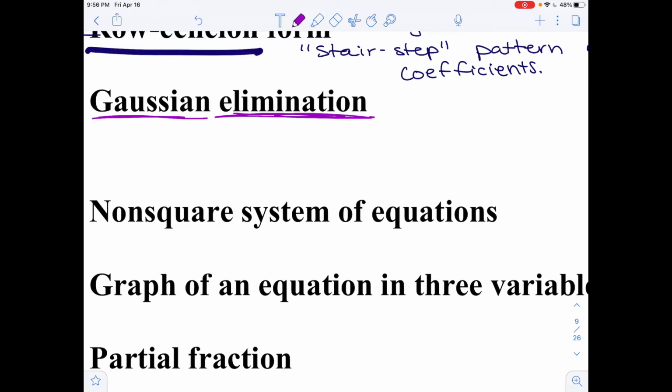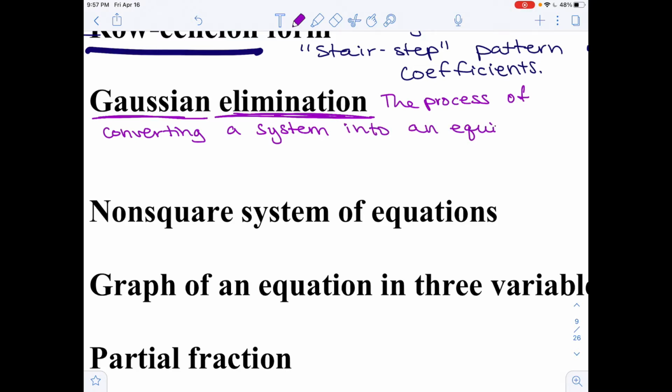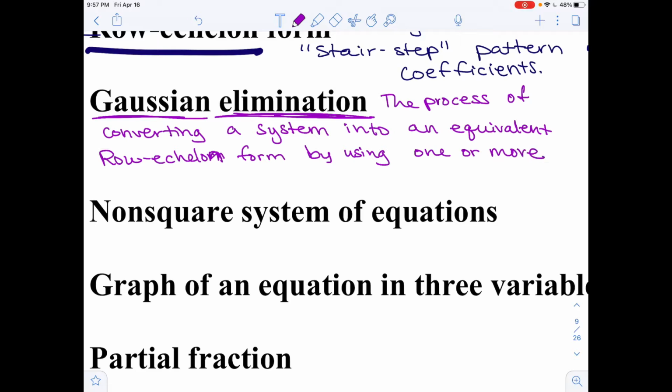Just like elimination is a process, so is Gaussian elimination: the process of converting a system into an equivalent row echelon form by using one or more row operations.